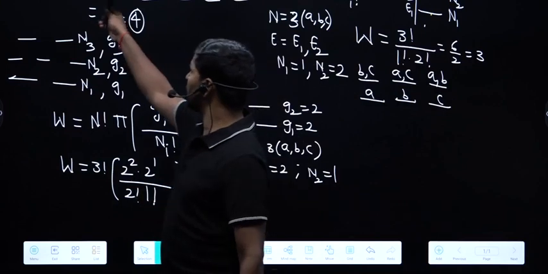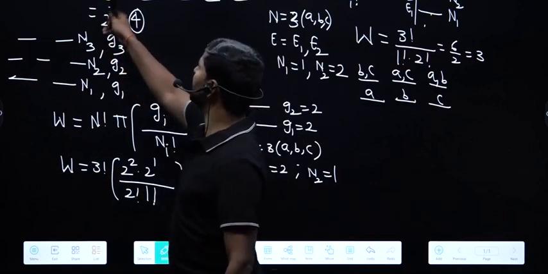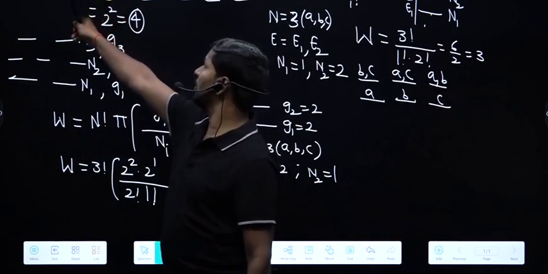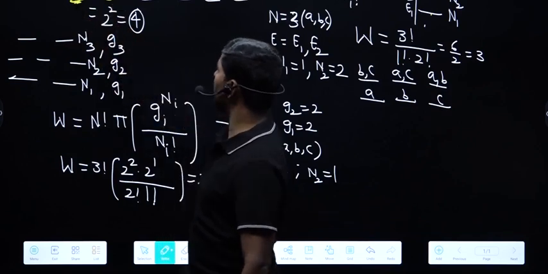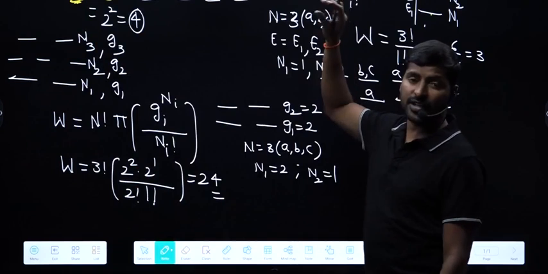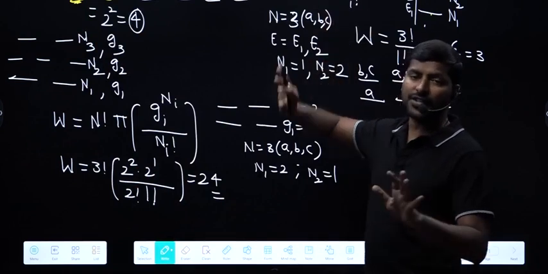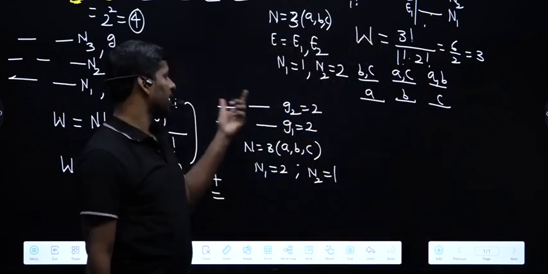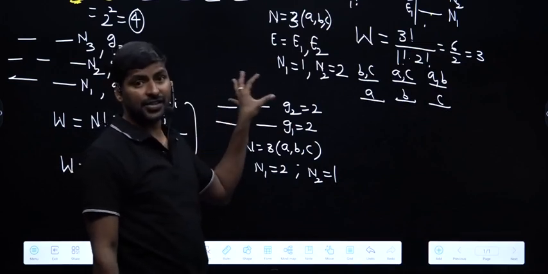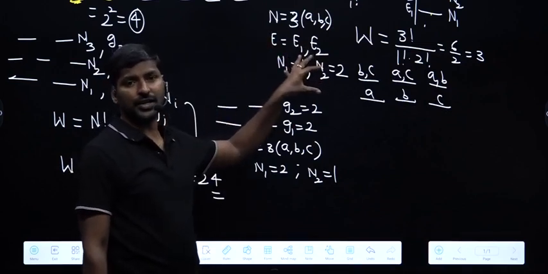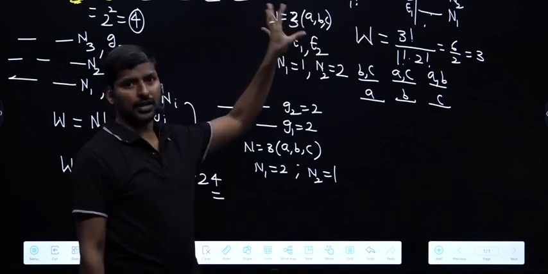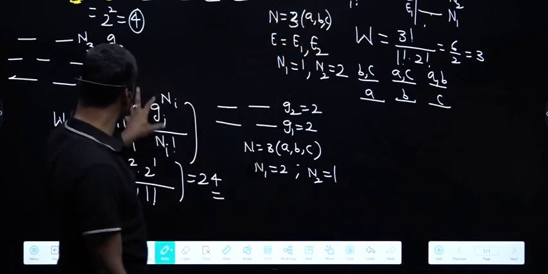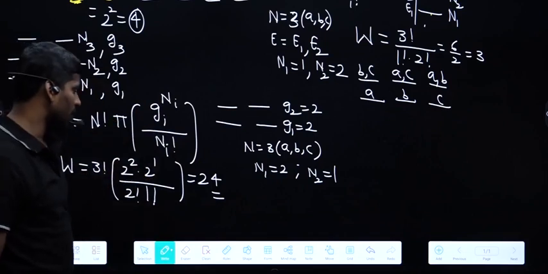L energy levels, N particles, and no restriction on the number of particles: the number of ways of arranging the particles is L power N. If G is the number of degenerate energy levels and N is the number of particles to be distributed, with no restriction on the number of particles in a given energy level, then W is equal to G power N. In the third and fourth cases, we give some restrictions: only N1 particles present in the E1 level, only N2 particles present in the E2 level, and so on. But if all are non-degenerate energy levels, this is the formula. If more than one degenerate energy level is there, this is the formula we have.